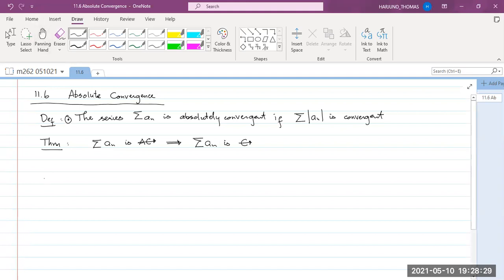Now, another definition. The series A sub n is conditionally convergent if the series is convergent, but it is not absolutely convergent.